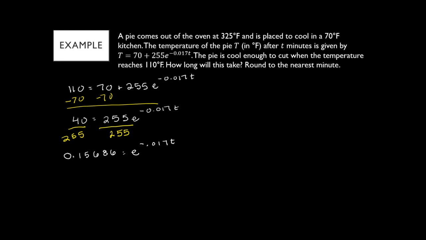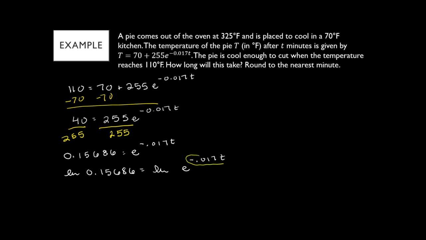So now I'm going to take the natural log of both sides so that I can cancel out the e part. So the natural log of 0.15686 equals the natural log of e to the negative 0.017t.